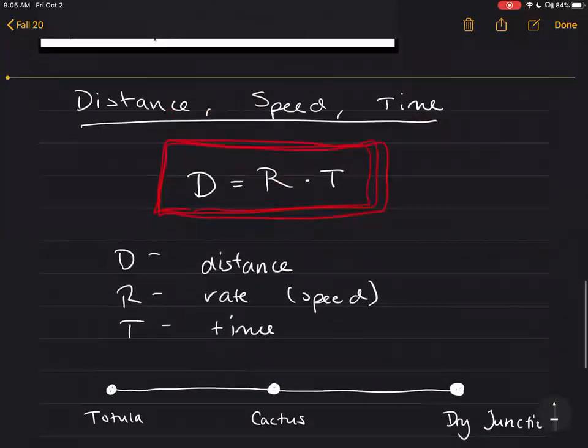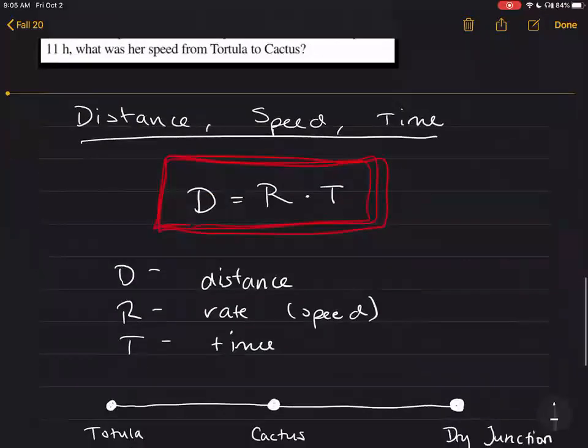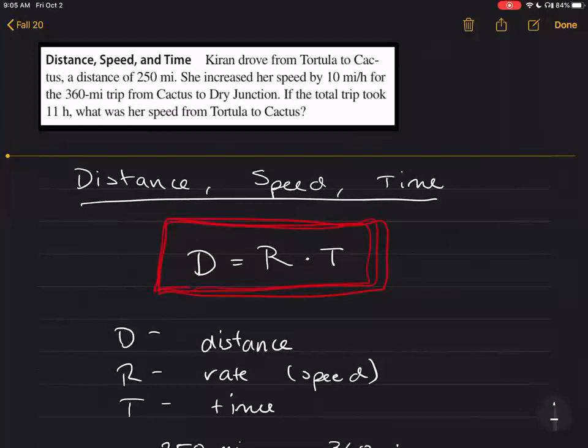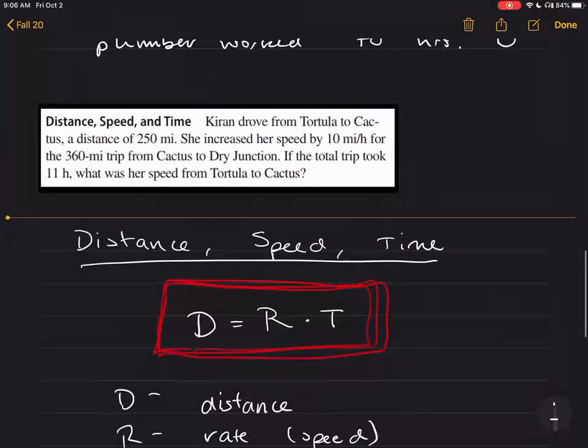The distance for the first trip is 250 miles, and the second is 360 miles. If this first speed is x, this is speed x plus 10, because she increased her speed for the second half of her trip by 10 miles per hour.